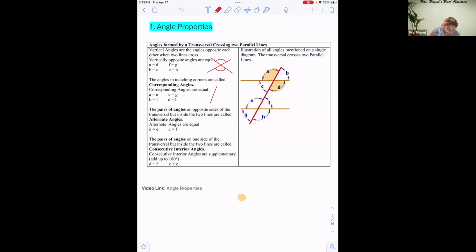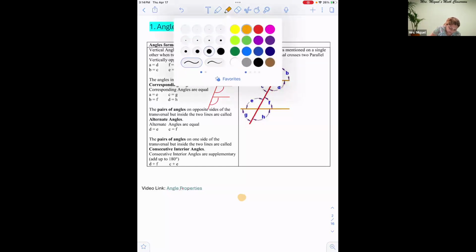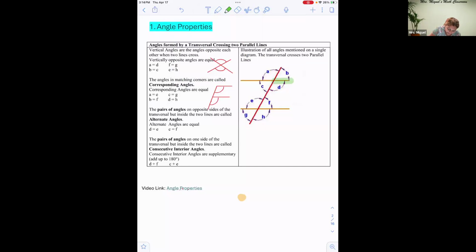Corresponding angles are recognized by an F shape. So this angle here corresponds to this angle here. And in my diagram, I could show you the F shape. This is an F, so angle D is equal to angle H.